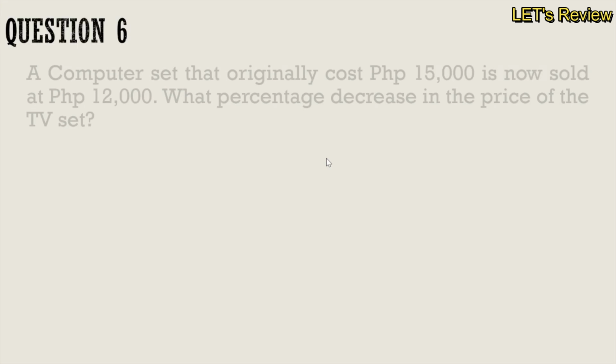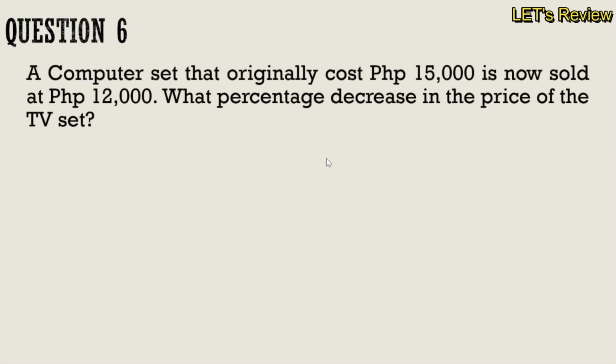Question 6. The computer set that originally cost 15,000 pesos is now sold at 12,000 pesos. What percentage decrease in the price of the computer set? A. 5%, B. 15%, C. 10%, or D. 20%.